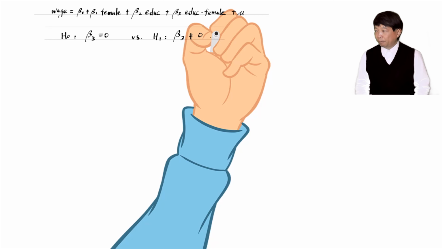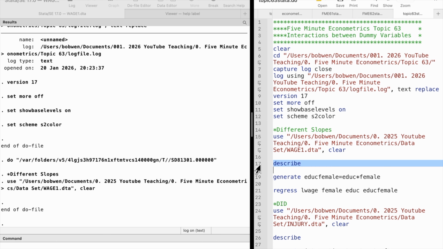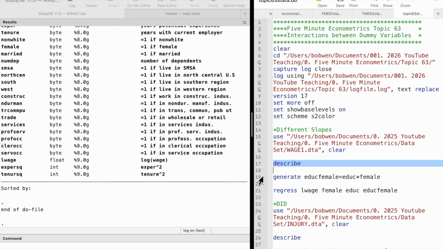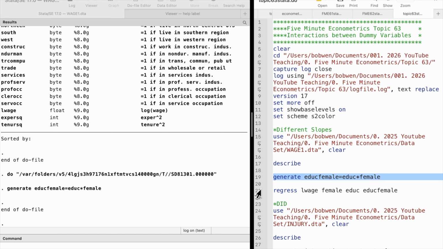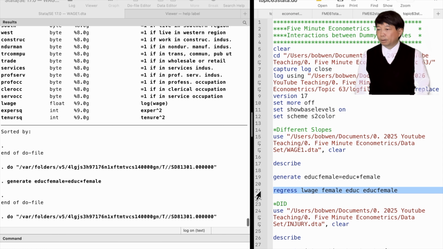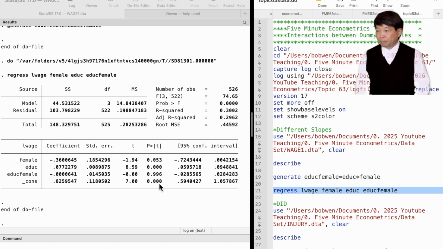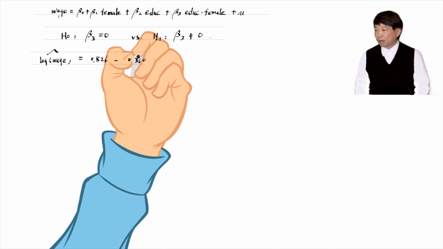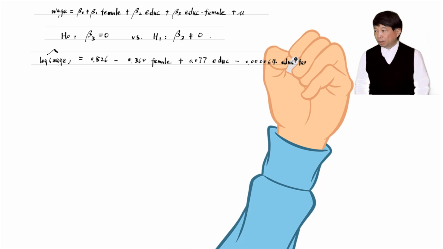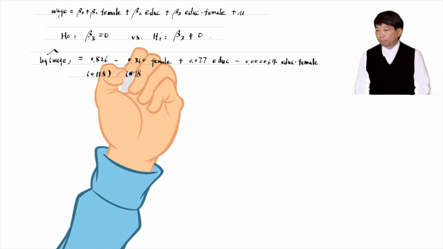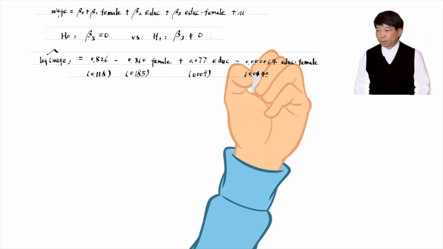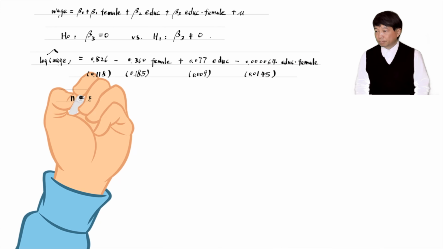The alternative hypothesis is that it is not 0. Stata reports the estimates and the statistics in its results window. We can write down the estimated equation in standard form. The standard errors are in the parentheses.